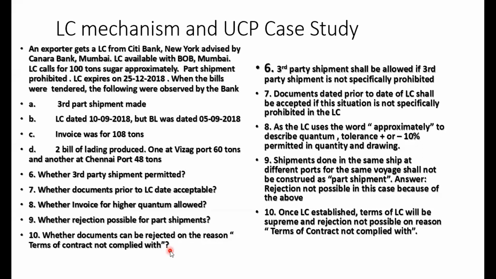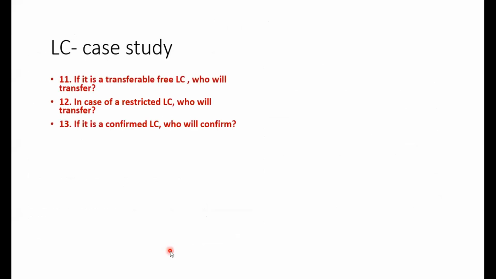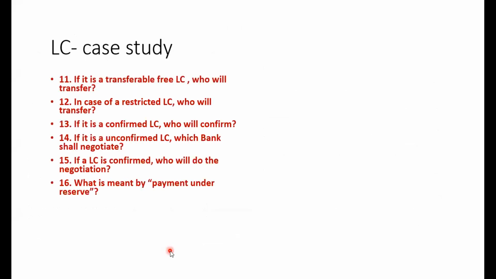Very good. Now, question number 11. This question is also very frequent. Part shipment is specifically prohibited in this question. The LC says prohibited, but UCP says when it is shipped in the same voyage, subject to one condition: if it is on different ships, then it is a part shipment.